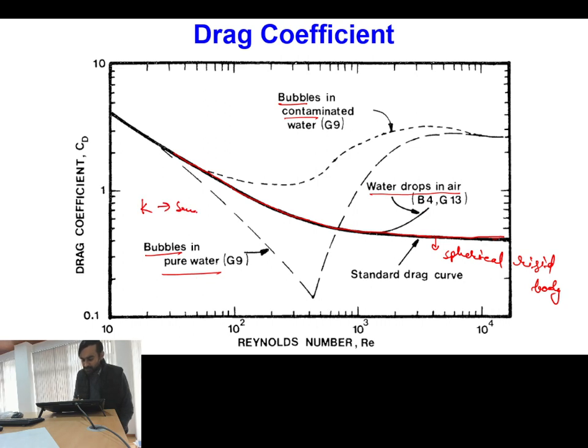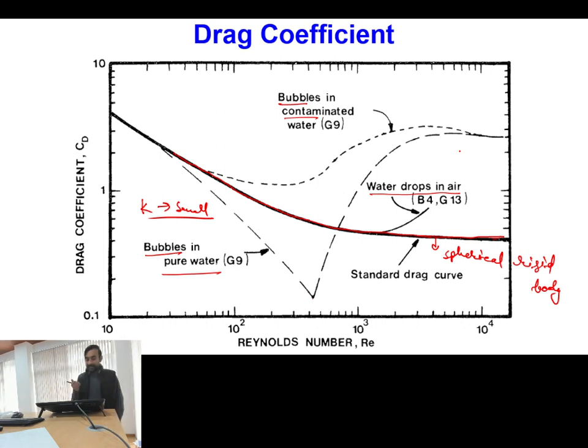Because of the small K value, for bubbles internal circulations will be predominant. We know that for spherical objects internal circulations try to decrease the drag force. So in a pure system internal circulations are significantly dominant. That is why our drag coefficient is small, and after this point drag coefficient suddenly increases because after this point the shape of the bubble changes from spherical to ellipsoid.